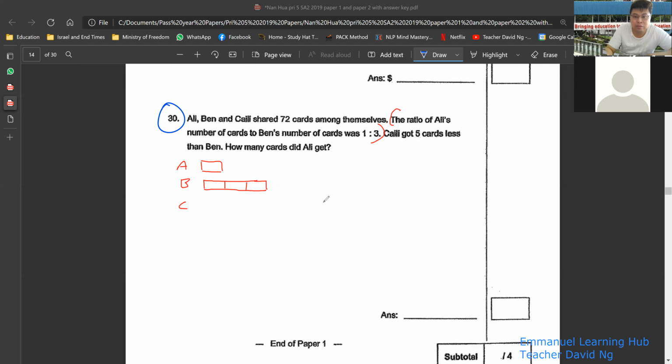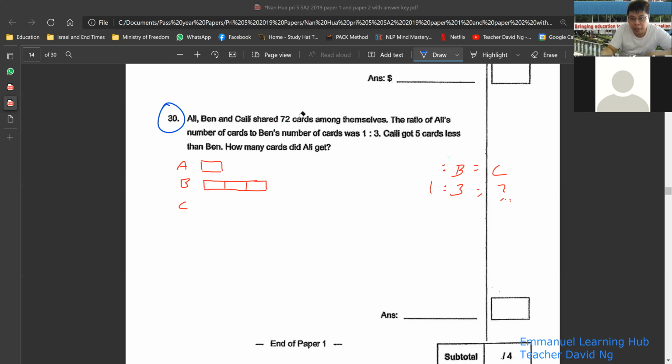Imagine if I were to use ratio: I don't know how many Kylie has, so I don't know what to write here, and I don't know the total number of units. I only know that 3 of them have 72 cards. That's all I know. So it would be very tough to use ratio because the information is not enough.